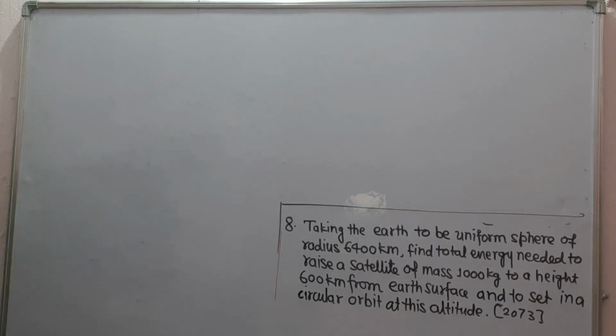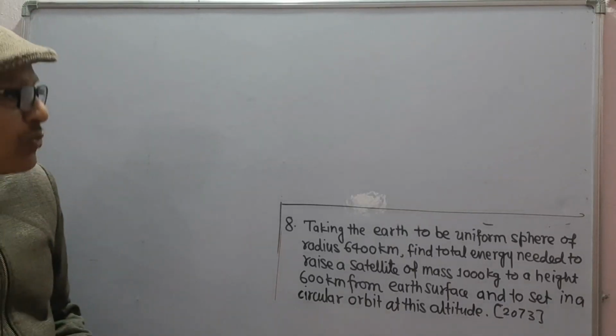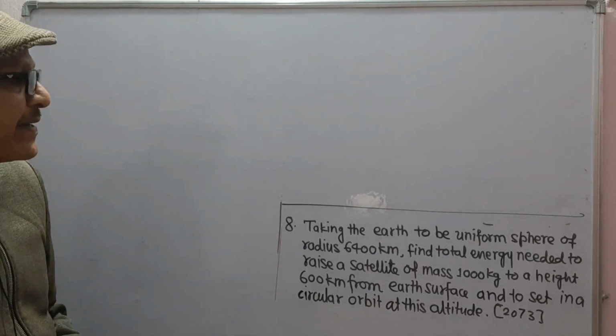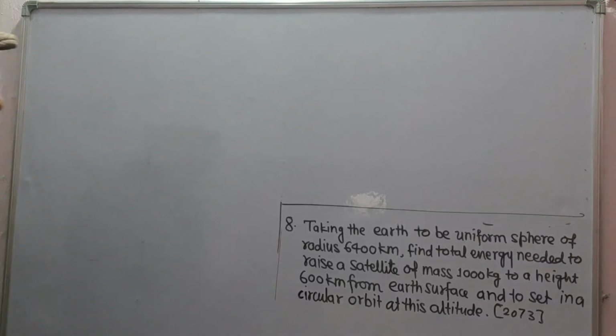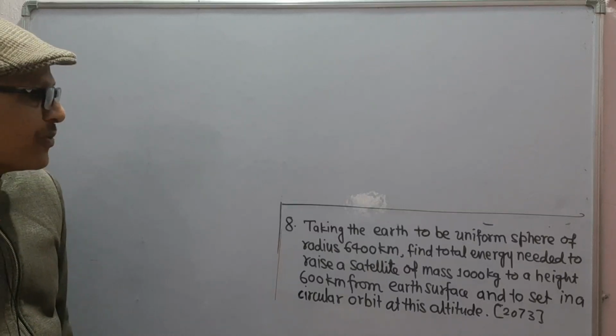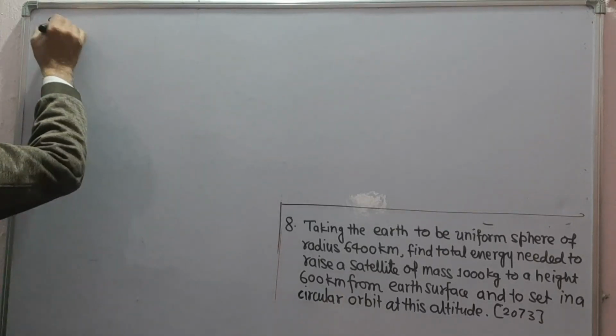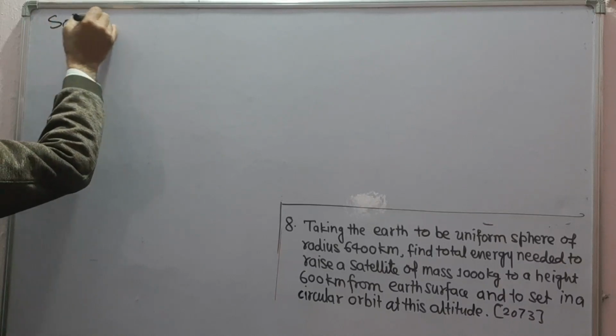The question is, taking the Earth to be a uniform sphere of radius 6,400 km, find the total energy needed to raise a satellite of mass 1000 kg to a height of 600 km from Earth's surface and to set it in circular orbit at that altitude. So, solution to question 8.